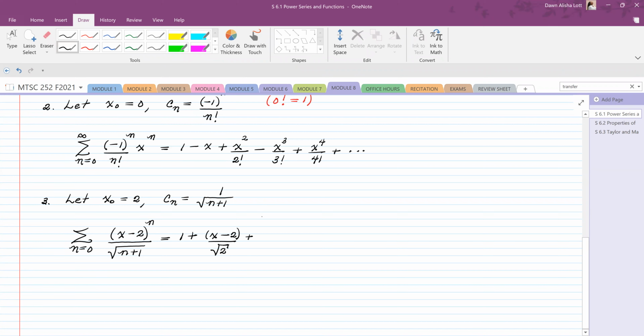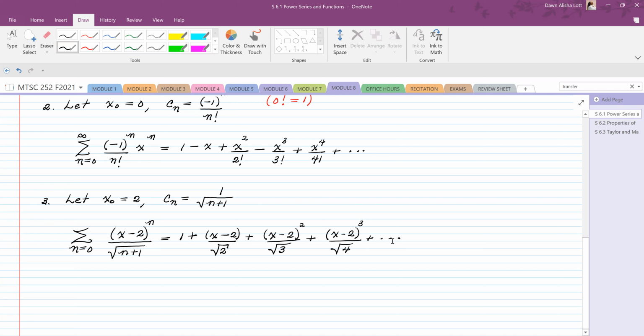When n is 2, I'm going to get (x minus 2) squared over the square root of 3. When n is 3, I'm going to get (x minus 2) cubed over the square root of 4.